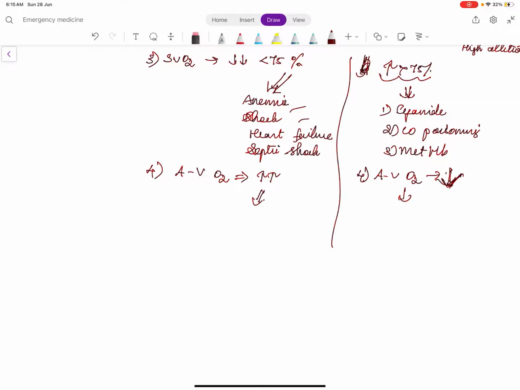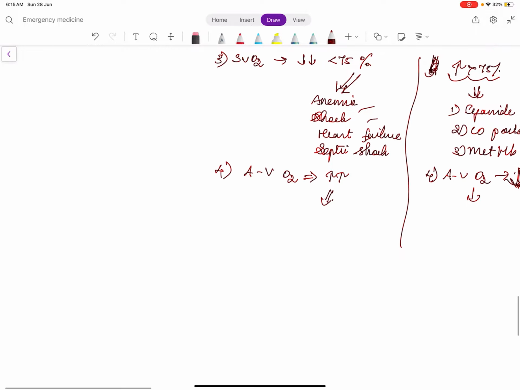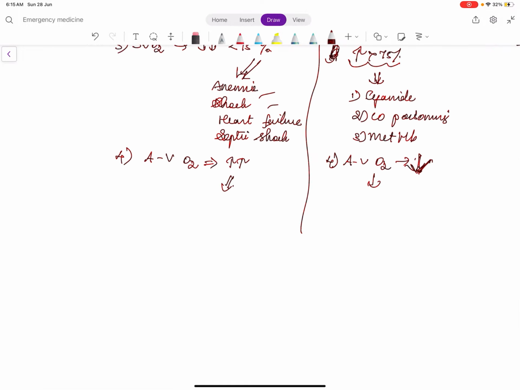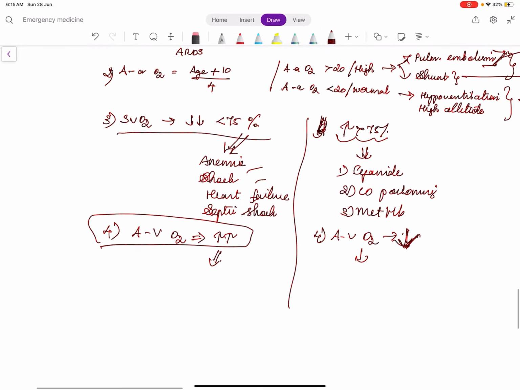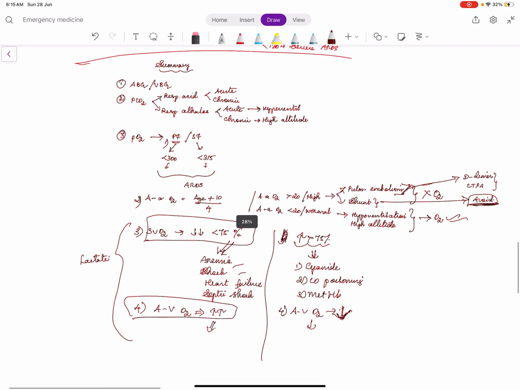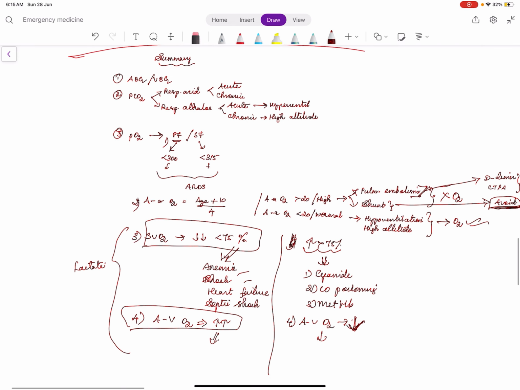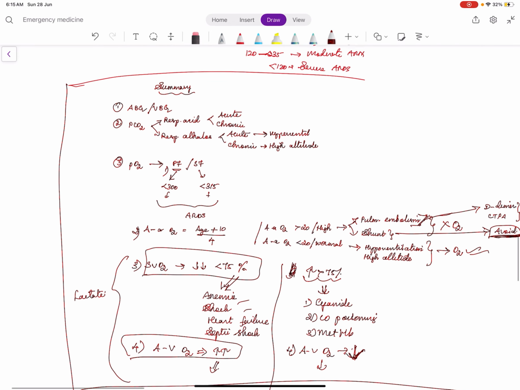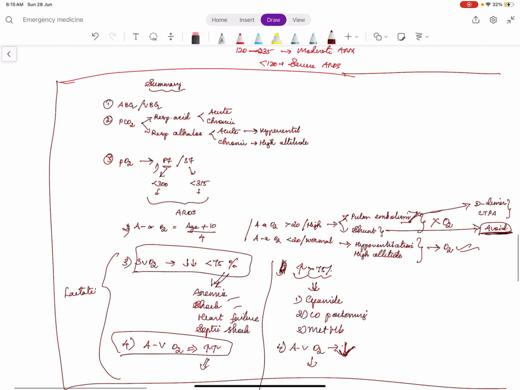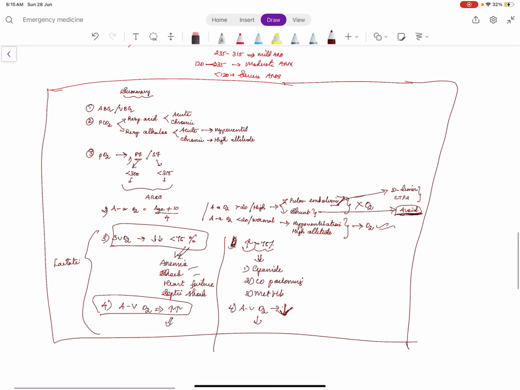Examples are these poisonings. Now we have a surrogate for a high AV oxygen difference or a low venous oxygen saturation, which is lactate. We may discuss lactate in another class. So I think this is a short summary of what we discussed today. Thank you. We'll continue our emergency medicine series with another interesting topic next week.